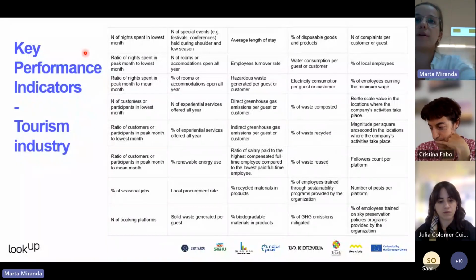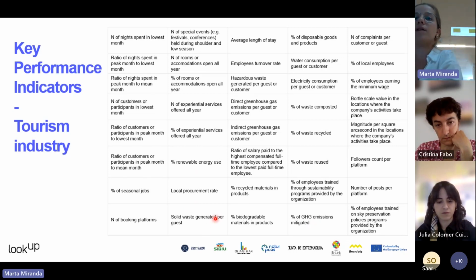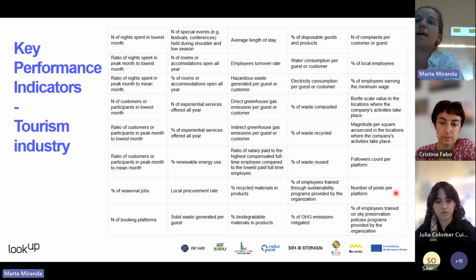We have sustainable KPIs, for example, the percent of renewable energy used, the percentage of biodegradable materials in products, or also KPIs related to digital presence, as can be the followers on a platform. Sorry, we're going to see the things related to digitalization later.